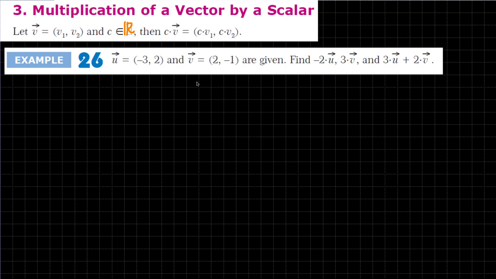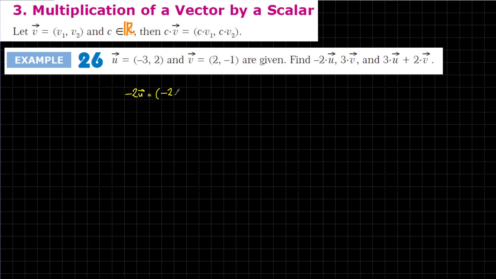To understand this better, we are going to directly solve questions like minus 2u, 3v, and 3u plus 2v. Let's find them one by one. Let's start with minus 2u first. Minus 2u is equal to minus 2 times u, which is minus 2 times minus 3, 2.